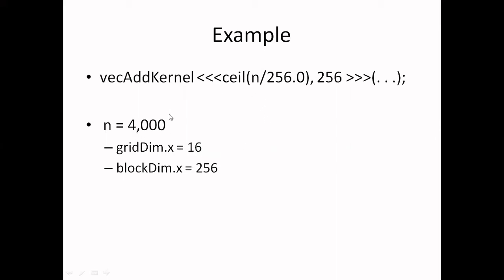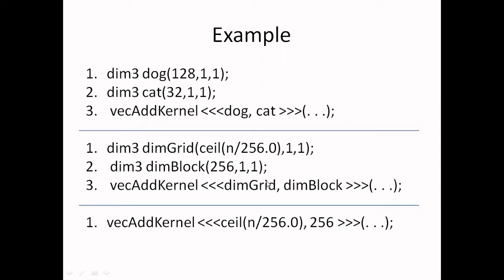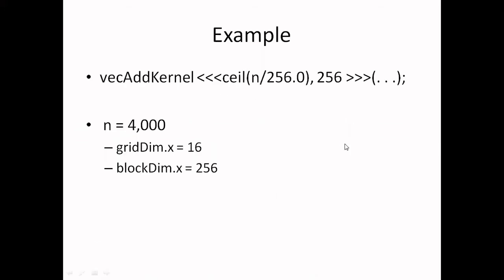Because 4000 divided by 256, taking the ceiling, we get 16. blockDim.x is 256. If you try to see the values of .y and .z here, they will be 1 by default, as in the earlier cases. Here also, this is x, y, and z.